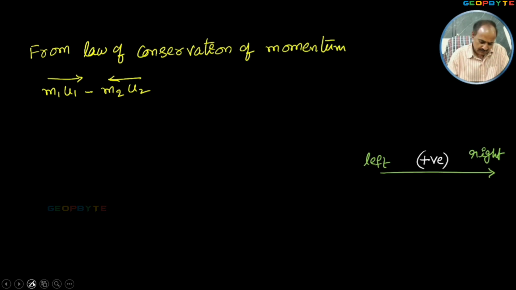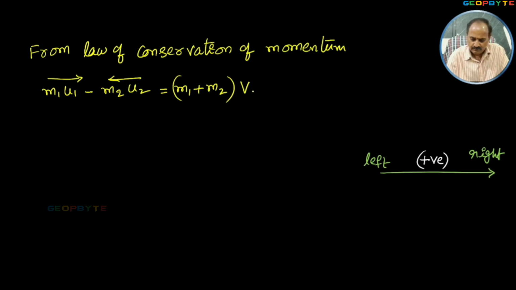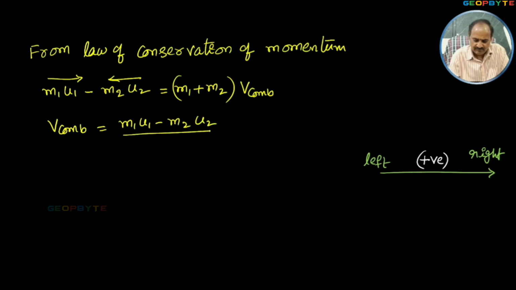It must be equal to the combined mass m1 plus m2 multiplied by v combined. From this, combined velocity is equal to (m1 u1 minus m2 u2) divided by (m1 plus m2).